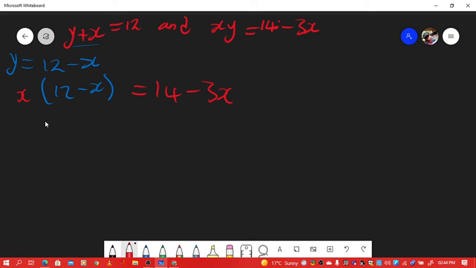If I distribute this, I'm going to have 12x minus x squared, which is equal to 14 minus 3x. So I just take everything to this side. When I have 0 is equal to x squared, the positive one, minus 12x, when it comes to this side, minus 3x, is equal to minus 15x. 14 remains positive 14.